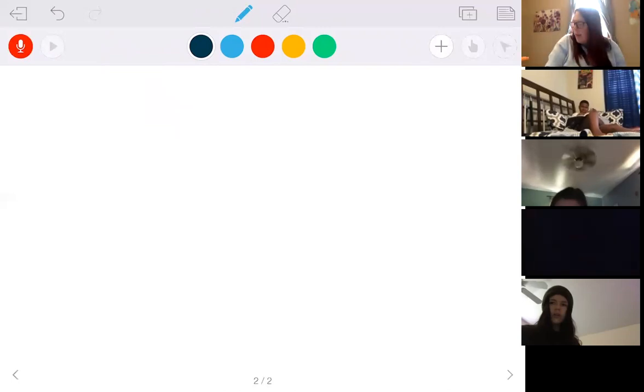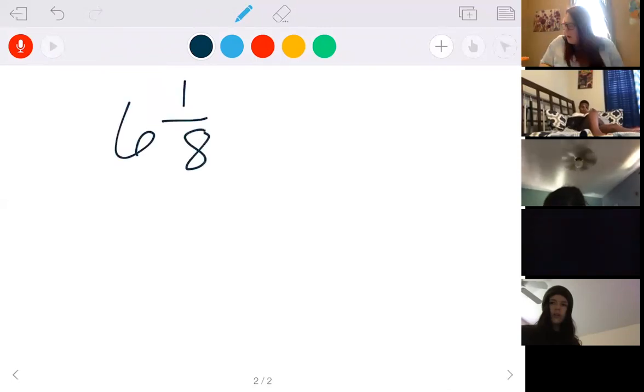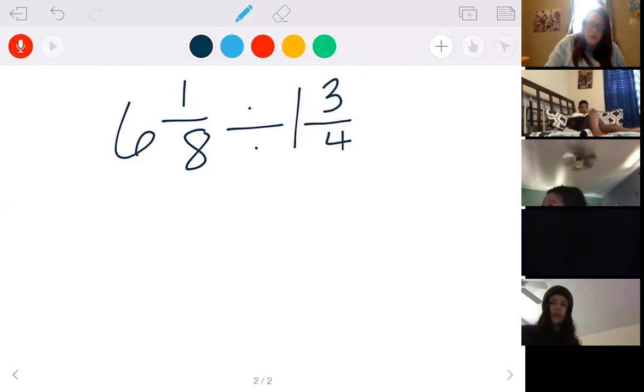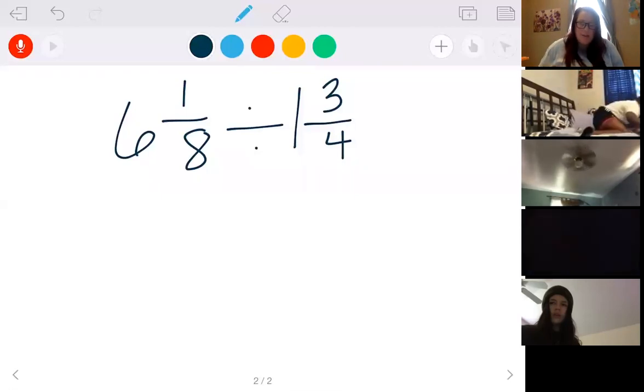Do 6 1/8 divided by 1 3/4. If you're wondering what page I'm on, it's 232. You don't have to be there because I'm going to write it on here, but this is just the check your progress review. Do 6 1/8 divided by 1 3/4.